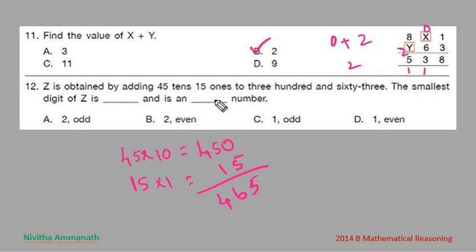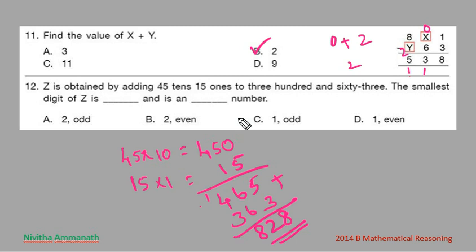Then adding this to 363. So 5 plus 3, 8, 6 plus 6, 12, 2, 1 carry over, 4 plus 1, 5, 5 plus 3, 8, 828.